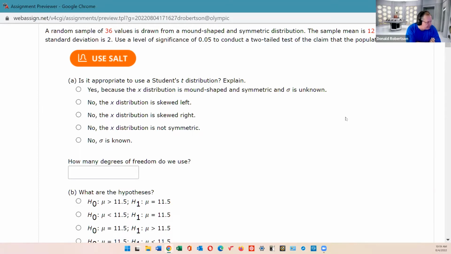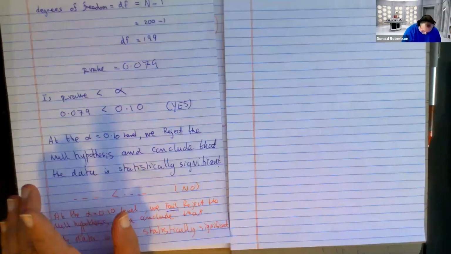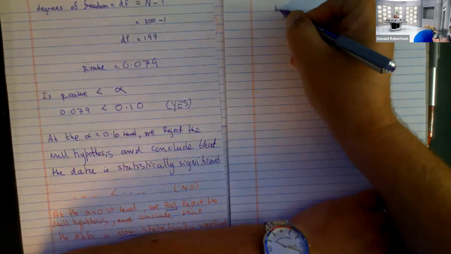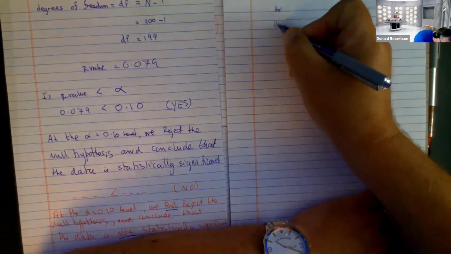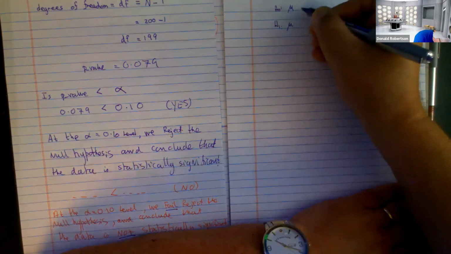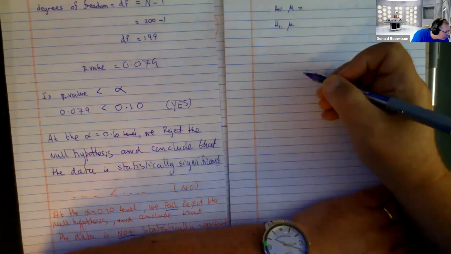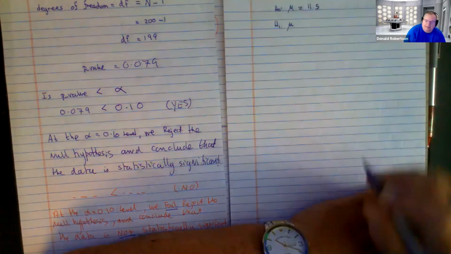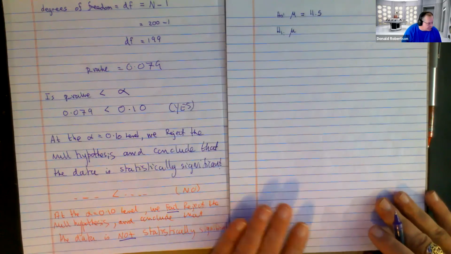So the way they've phrased that is they've told us everything we need to know, but maybe not in a way that you would be 100% sure that you're on top of it. So let me start off. We need to know a null and alternate. In these questions, mu is going to equal something. And the story, is it going to equal 11.5?